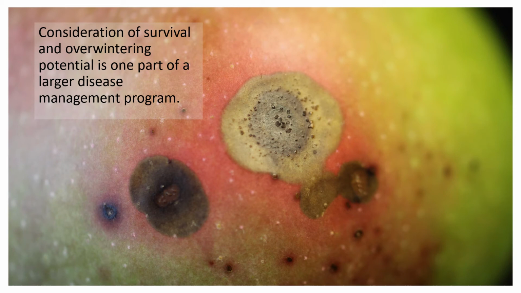So this can be one part of a disease management program. A small planting, a small grower, a backyard grower can usually use this practice much more successfully than maybe a large operation, a large orchard that just has a lot of trees or a large planting.